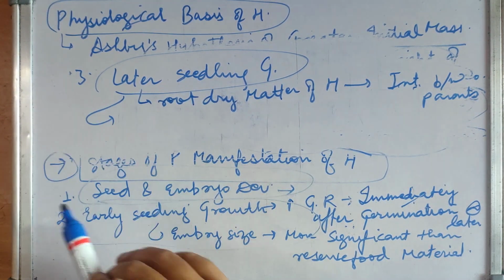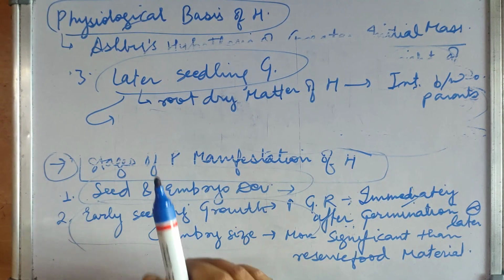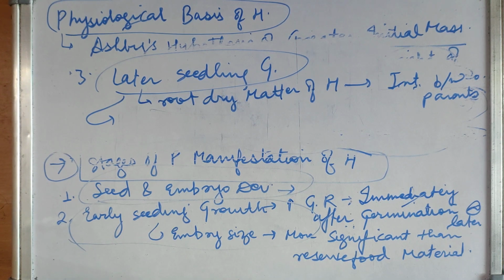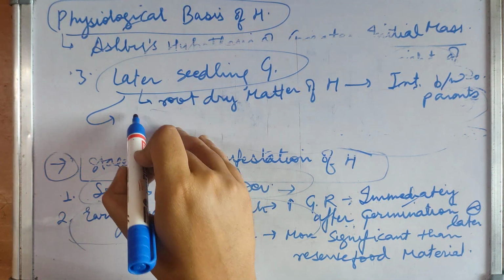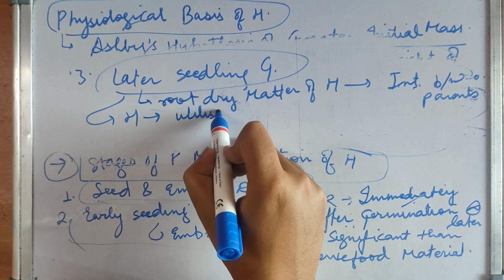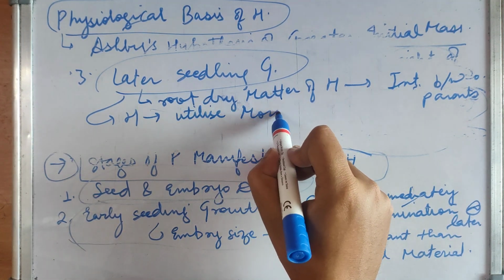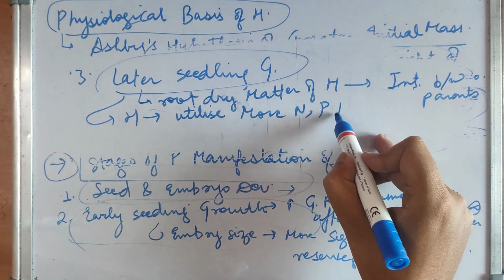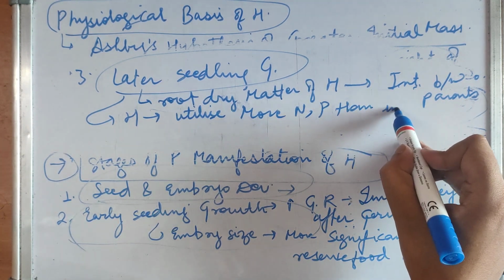We also see that hybrids utilize more nitrogen and phosphorus than inbred lines.